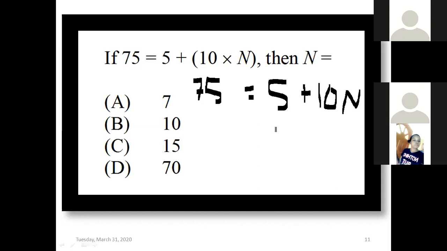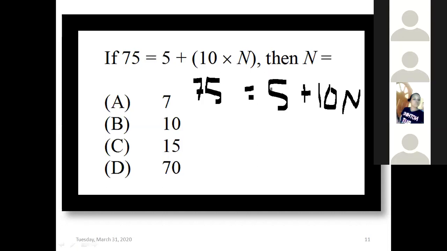And in algebra, we normally say, okay, we want n, so we're going to get rid of this 5 by subtracting 5. So we subtract 5 from both sides.